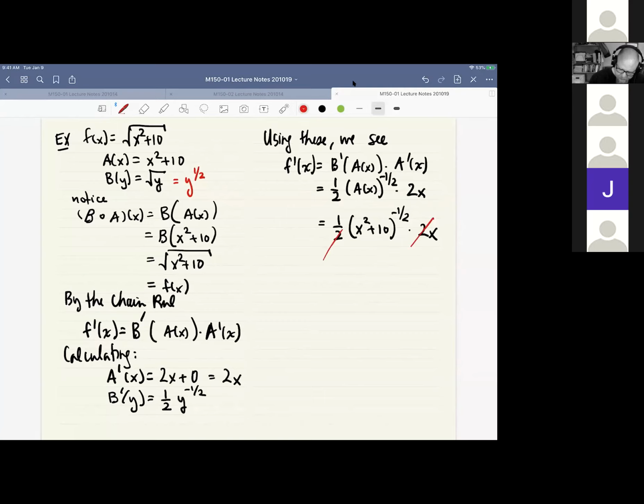These twos cancel. That's kind of cool. And I can turn my negative exponent into a positive exponent by rewriting it that way. And then I'm going to end using radical notation because that's the way the problem is stated with radical notation. So I get that. That's the derivative of this complicated function.